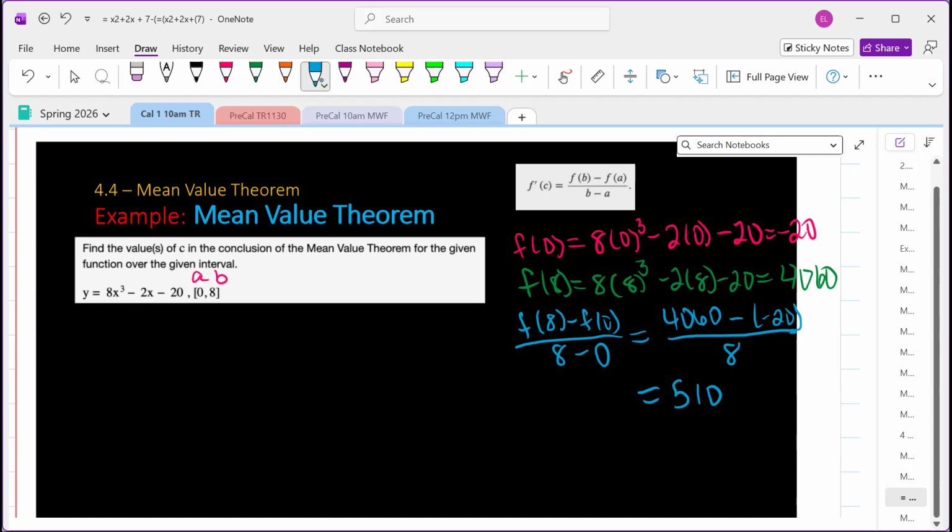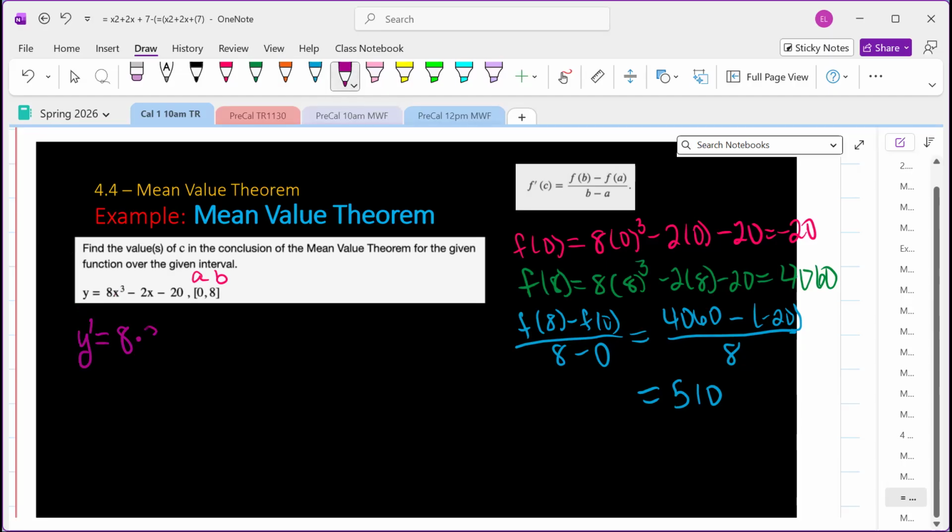So now to solve, we're going to take the derivative. So y prime equals 8 times the derivative of x cubed.